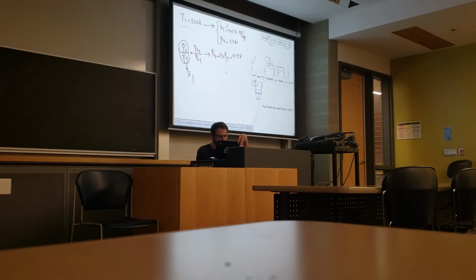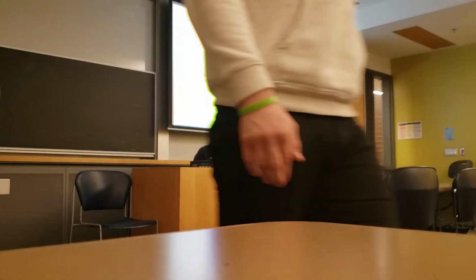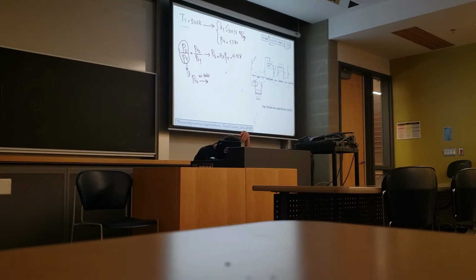So we have PR2. We again go to the air table, and from here, we find H2 as 411.26 kilojoule per kilogram.